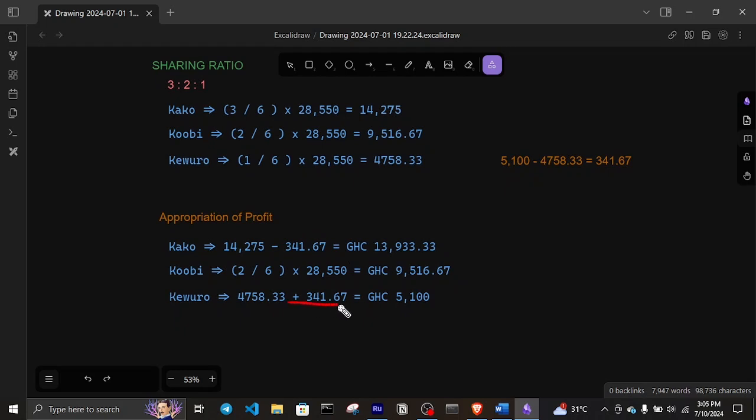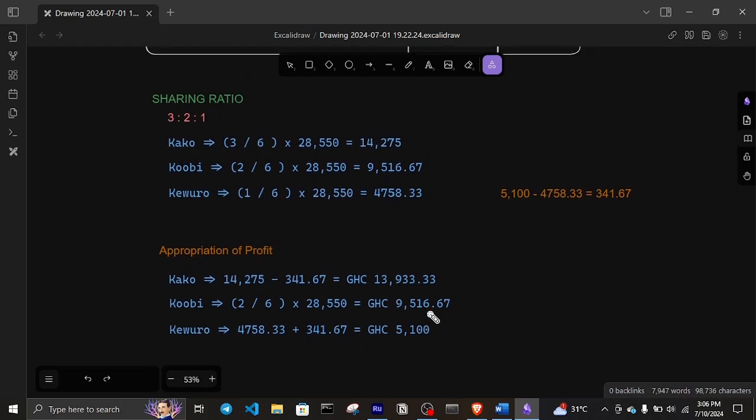So in the appropriation of profits, after we do that, Kaku is now going to have his money reduced to 13,933.33. Kobe's amount is going to remain the same, and Kero's amount will now be up to 5,100 Ghana cedis.